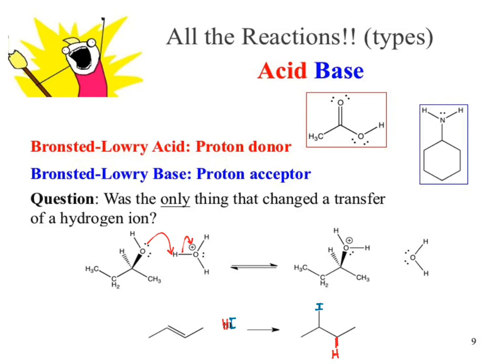Yes. Is this an acid-base reaction? No. Why not? It wasn't the only thing that was transferred. So beginning to end, this is not just an acid-base reaction. What kind of reaction is this? It's an addition. If I look at the mechanistic steps of said addition, do I have an acid-base step? Yes. But the reaction itself is not an acid-base reaction.